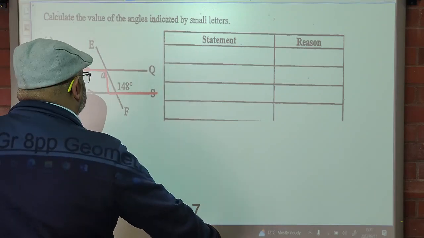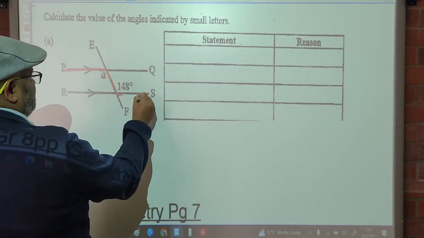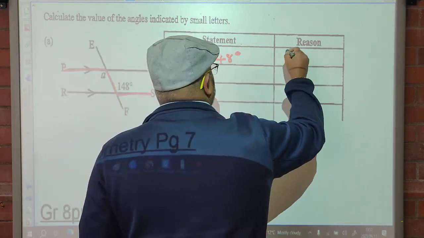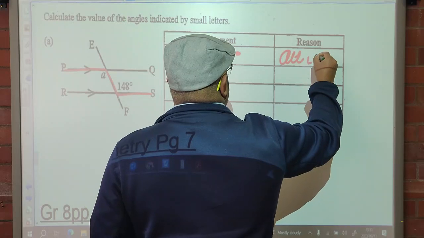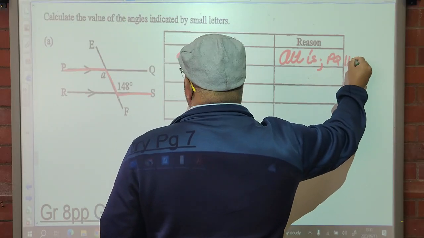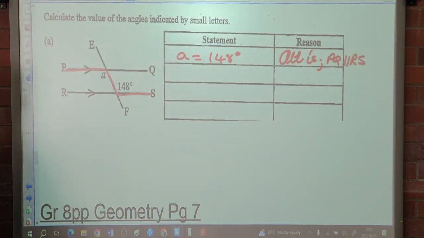So what can we say? A is equal to 148 degrees. Why? Alternate angles with PQ being parallel to the other line. Don't confuse alternate with corresponding.